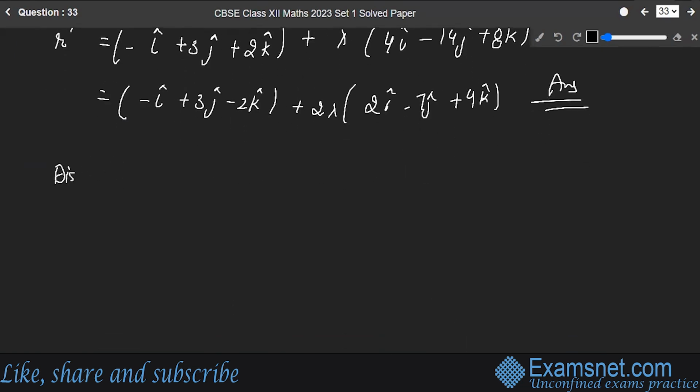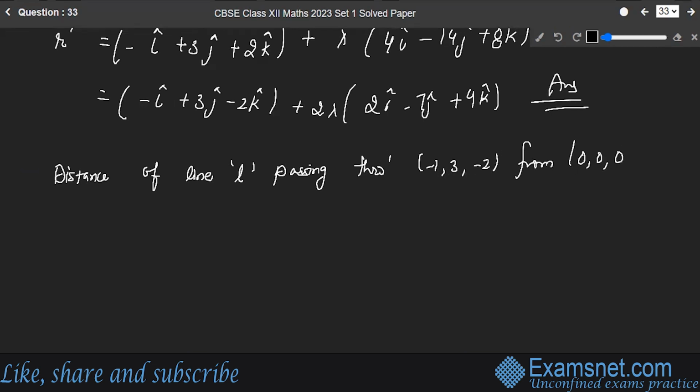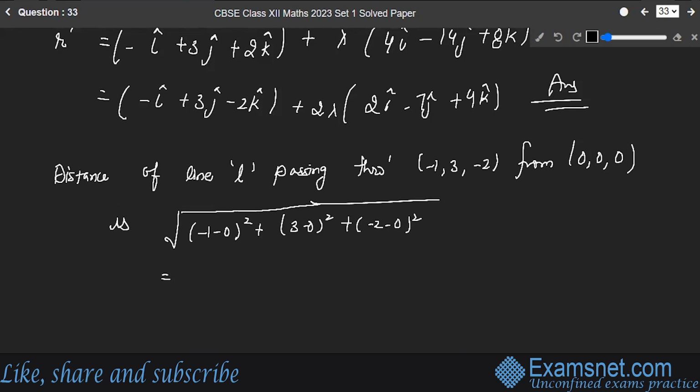The distance of line L, passing through the given point minus 1, 3, minus 2, from the origin is given by root of (minus 1 minus 0) square plus (3 minus 0) square plus (minus 2 minus 0) square, which is equal to 1 plus 9 plus 4, that is equal to 14 units, root 14 units.